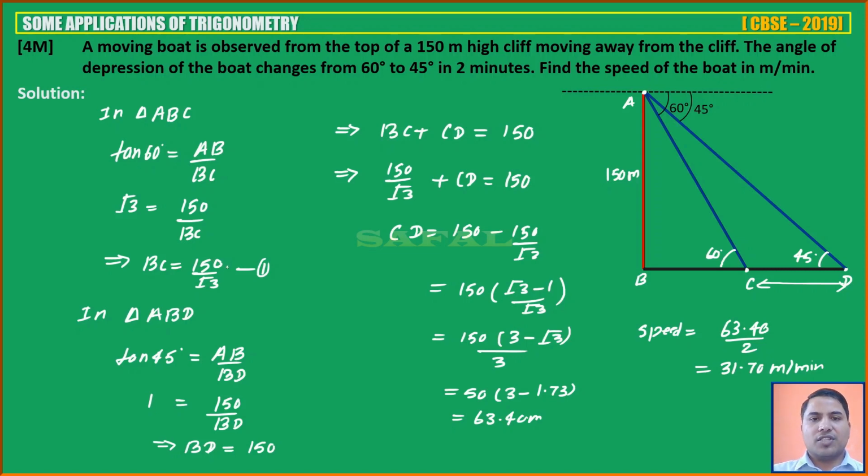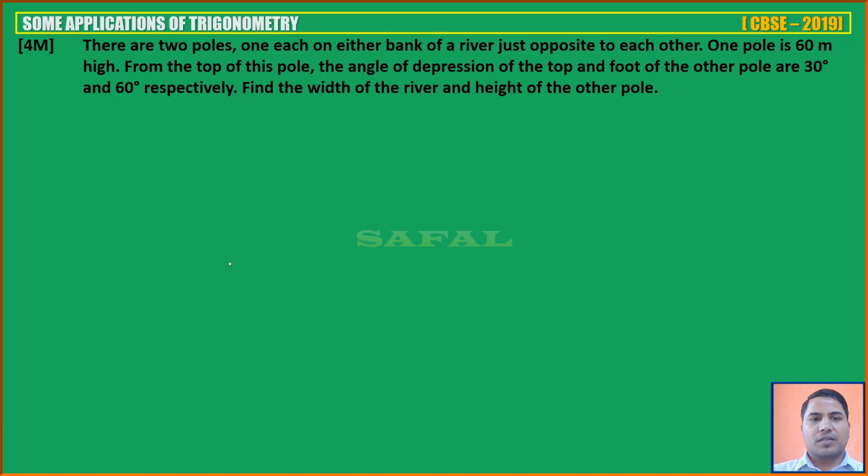The OR part of this question they have asked is, there are two poles, one on either bank of a river. So let's assume a river. This black line denotes the width of the river. Now one pole is there on each of the two banks.